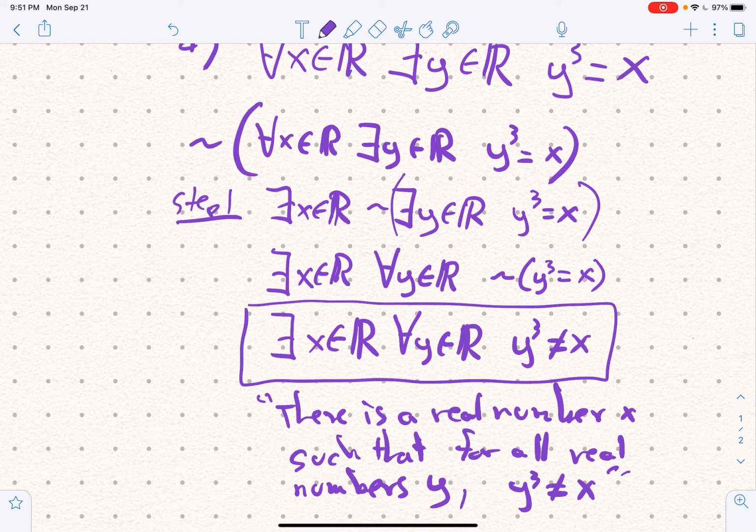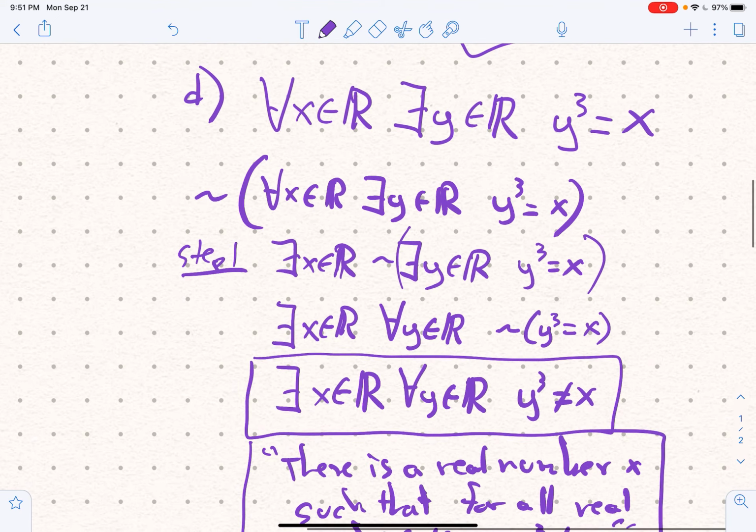And if you think about how this would translate into symbols, it would look just like this. There is a real number x such that for every real number y, y cubed is not equal to x. So here we have the answer to this one in symbols and in words. That's part D.